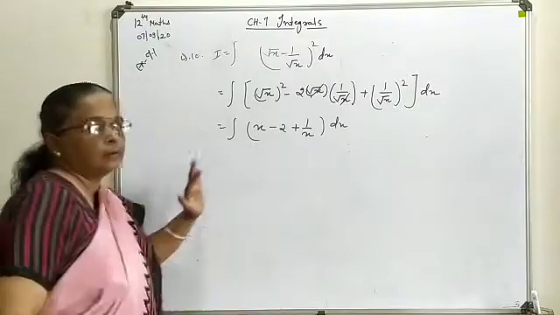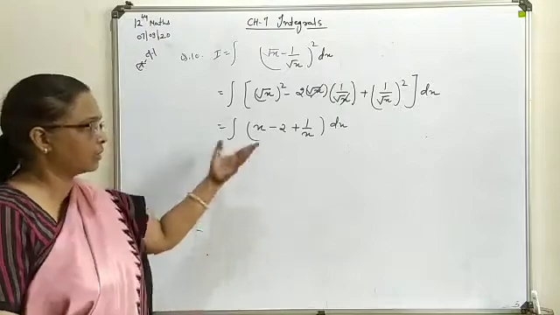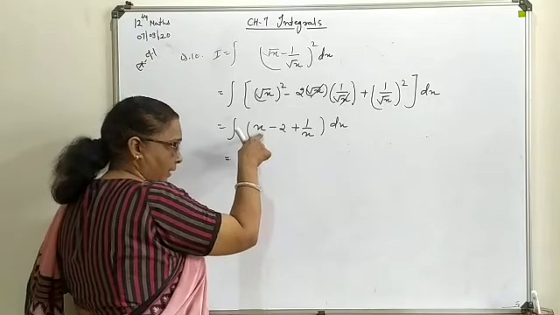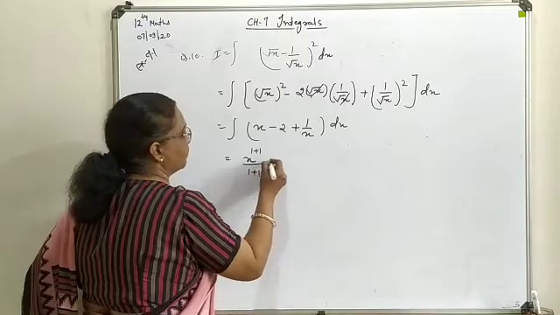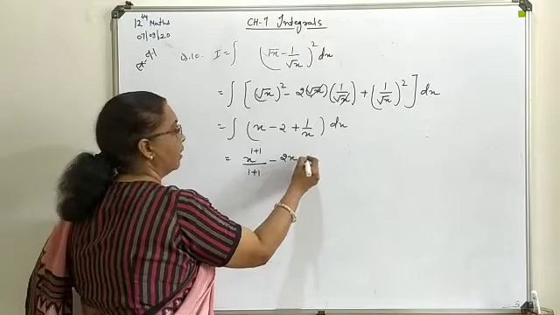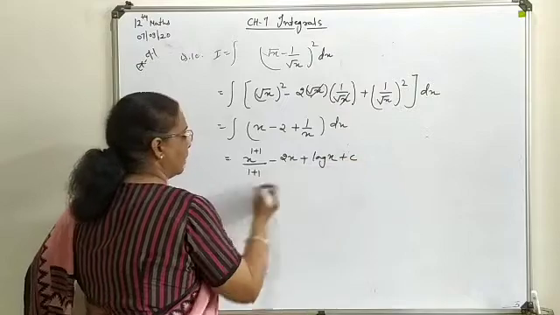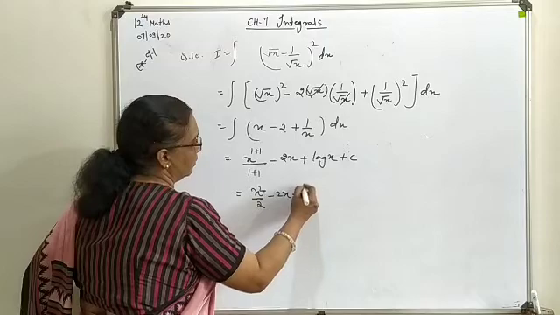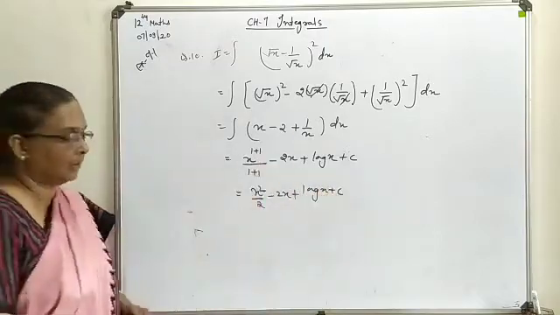Now this is a simplified form available for integration. Each term you will proceed to integrate. Integration of x, carrying power 1, will be x power 1 plus 1 upon 1 plus 1. The constant is available, so 2x will be its integration. Integration of 1 upon x means log of x. Now adjust the power: x square upon 2 minus 2x plus log of x plus c. So this way this answer will come out.